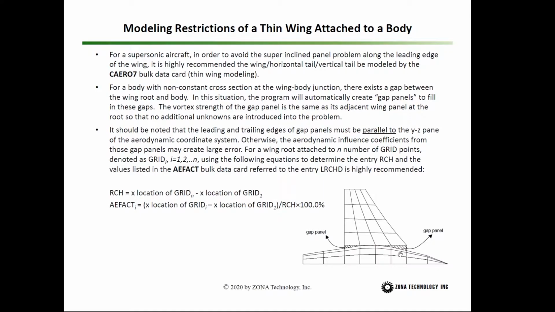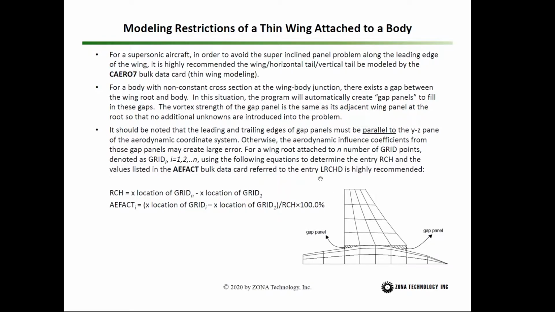So in the CL7, there's an attached entry. Once you say this is attached to the body, then ZONAIR will create a so-called gap panel to fill up the gap. But the leading edge and trailing edge of the gap panel must be parallel to the XZ plane, otherwise the aerodynamic influence coefficient from the gap panel may create a large error.